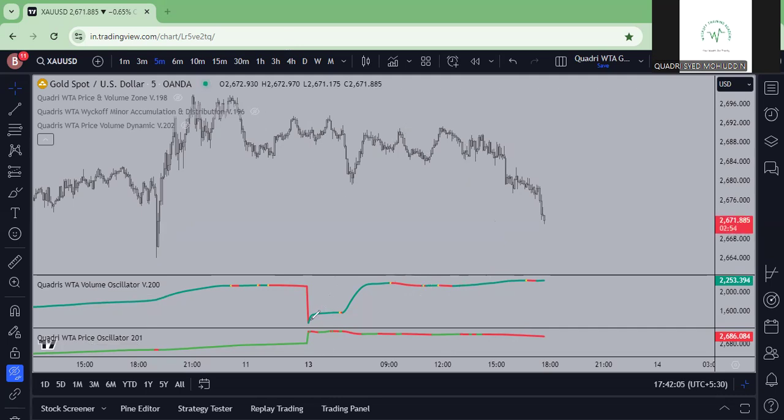So whenever there is a green oscillator, that means this particular price action is going to go in that particular direction, whether upwards or downwards.